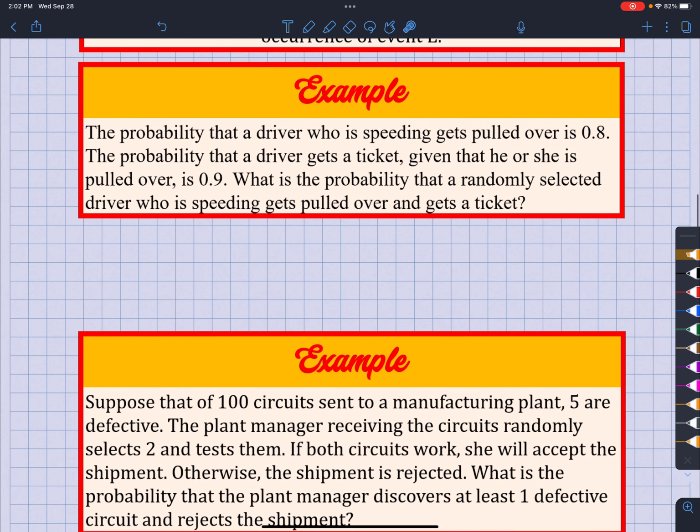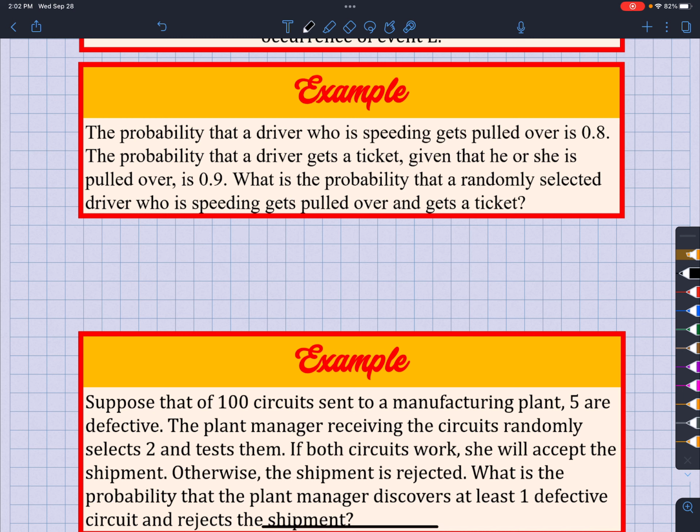It says the probability that a driver who is speeding gets pulled over is 0.8. The probability that a driver gets a ticket given that he is pulled over is 0.9. What is the probability that a randomly selected driver who is speeding gets pulled over and gets a ticket?